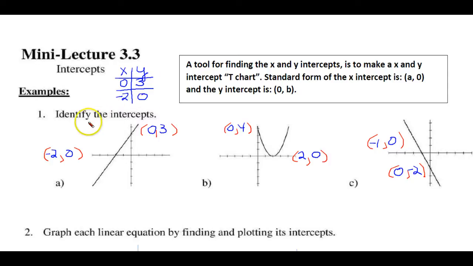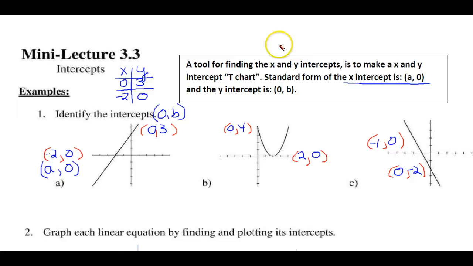Now we're saying that there's a standard form for writing the intercepts. The x-intercept is a, 0, so this would be the letter a, and this would be a 0. And this is a 0, b, which is what we have here: 0, comma, b.